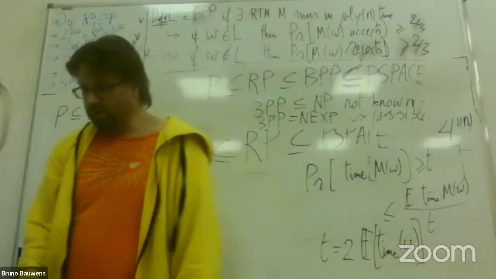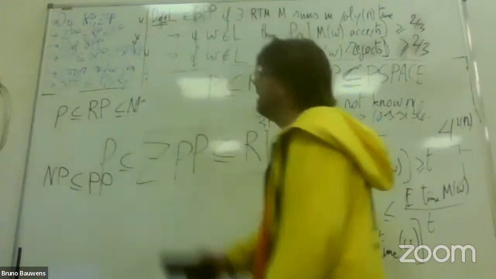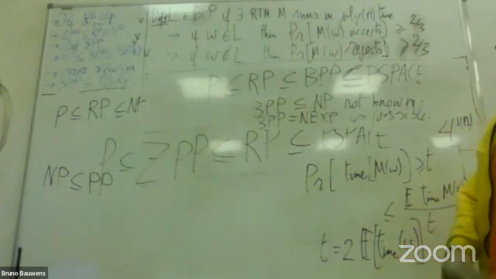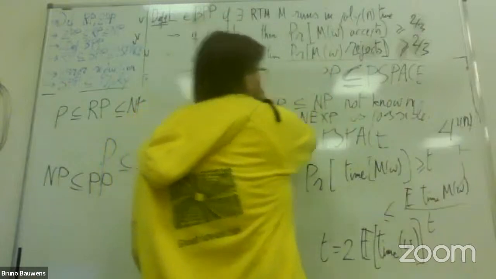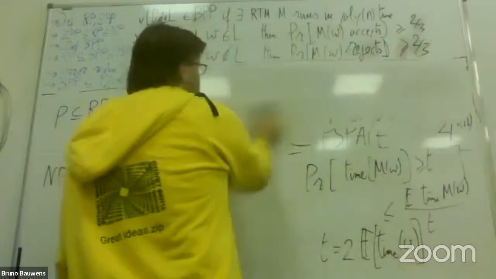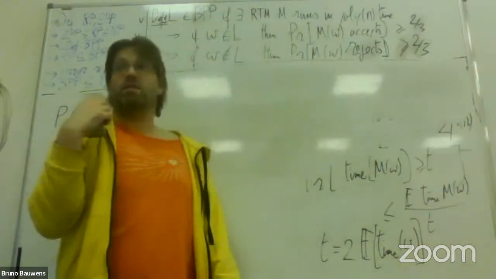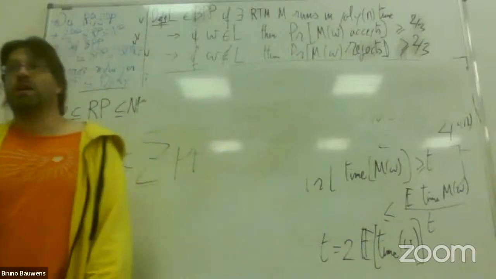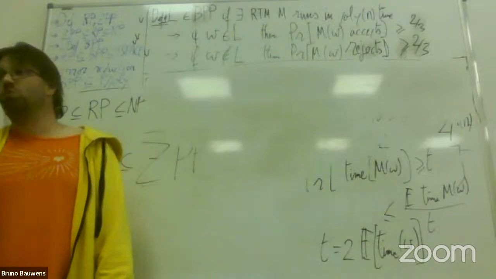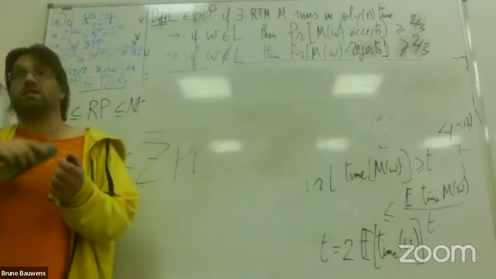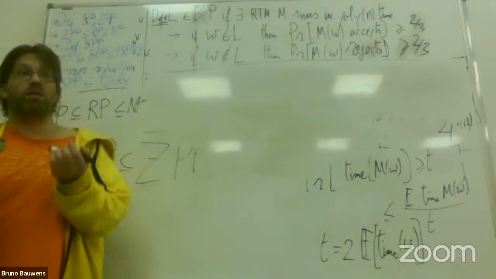Now I claim that we can make, so let's have a theorem. If L is in BPP, then we can make a decider that runs in polynomial time and answers correctly with probability 1 minus 2 to the minus 2n, or 2 to the minus poly of n for every polynomial you want.